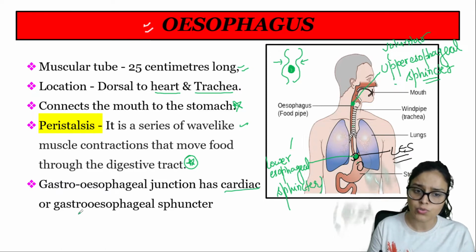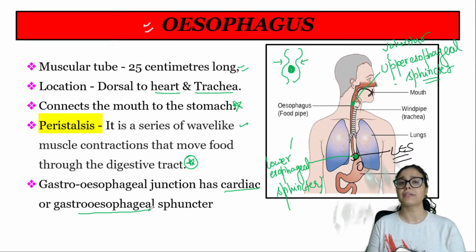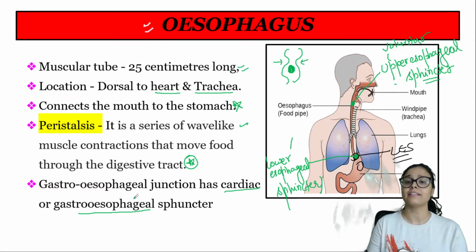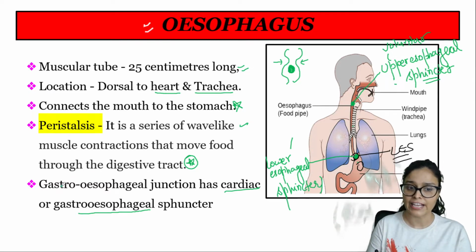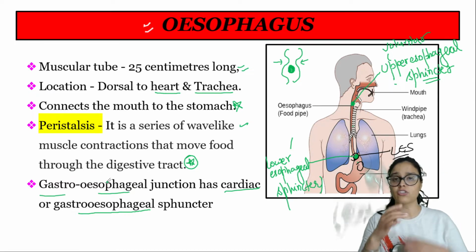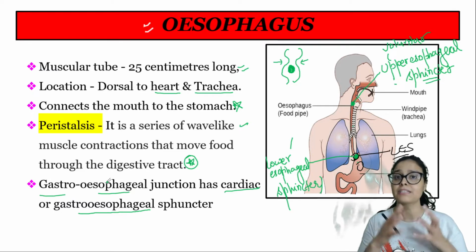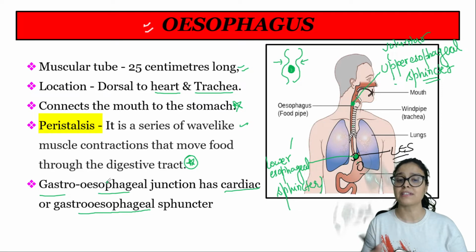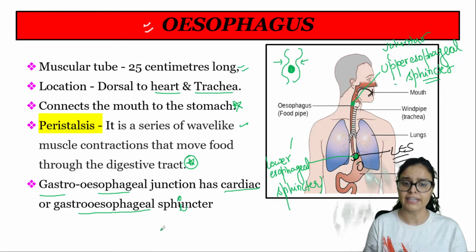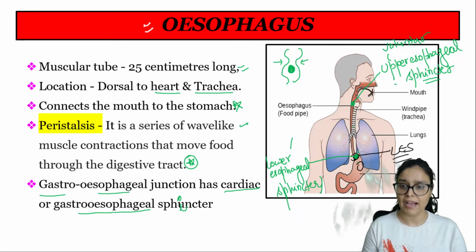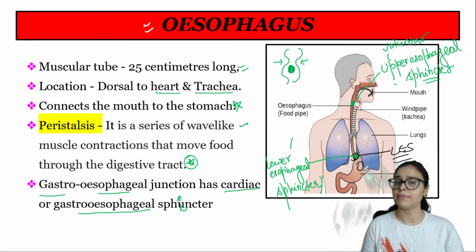It is also known as the gastroesophageal sphincter because it is present between the stomach and the esophagus, right? Gastro means stomach, and esophagus means the esophagus tube. So at their junction this muscular involuntary door is present, and it regulates the passage of food from the esophagus to the stomach, right?